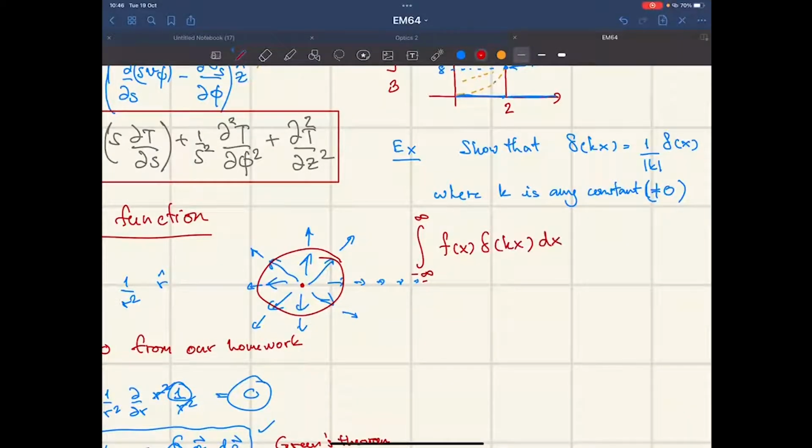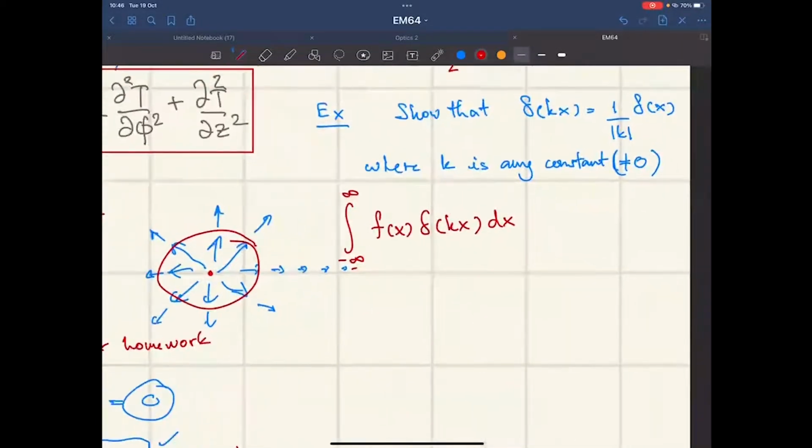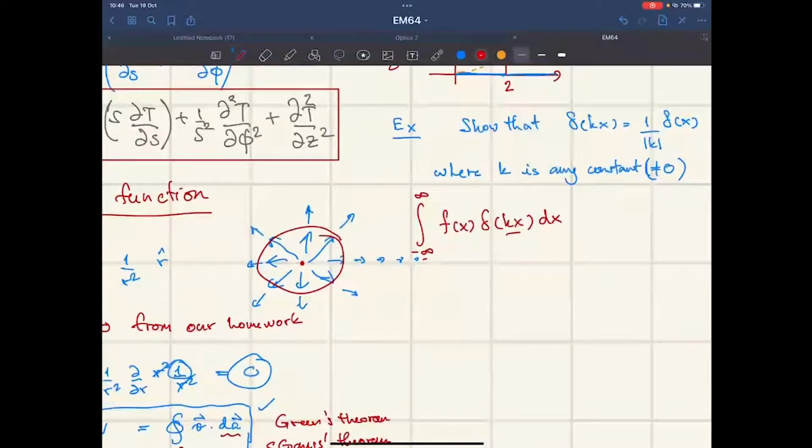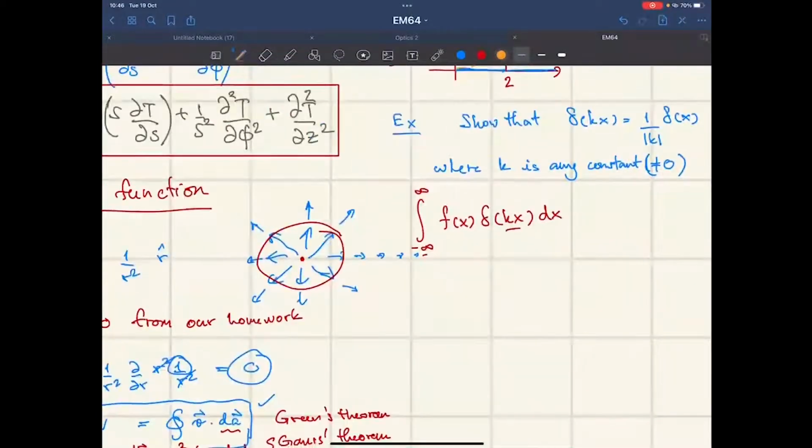Now, because there's a product of k and x inside, let's change the variable. Let's set u equal to kx. Then x is equal to u divided by k, and du equals k dx.